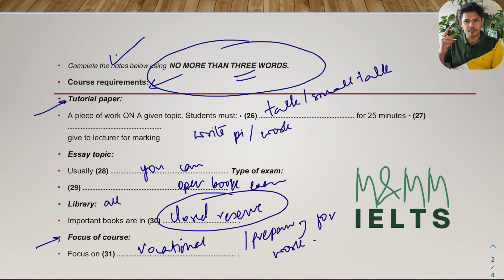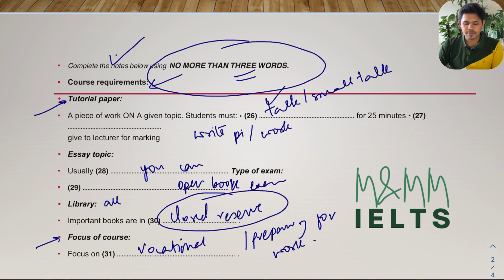Now let us discuss a few things. Few blanks were very easy and straightforward. Like the first one, it said that, okay, it's about tutorial work, a piece of work on a given topic. Student must talk for 25 minutes or a small talk for 25 minutes. So I would just write down talk, because she did say that it's a talk for 25 minutes.